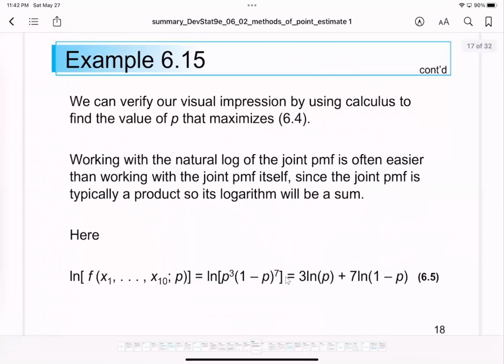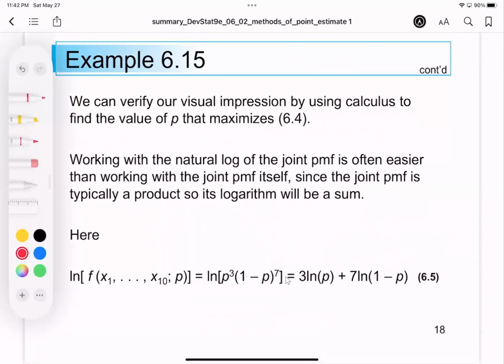So basically, here is what I just explained. The log of the probability distribution or probability density function for the data that we have observed. The left-hand side here is the joint density function, the joint probability distribution function from the data, and then we take the log. This joint probability function is a function of the data and also a function of these unknown parameters.